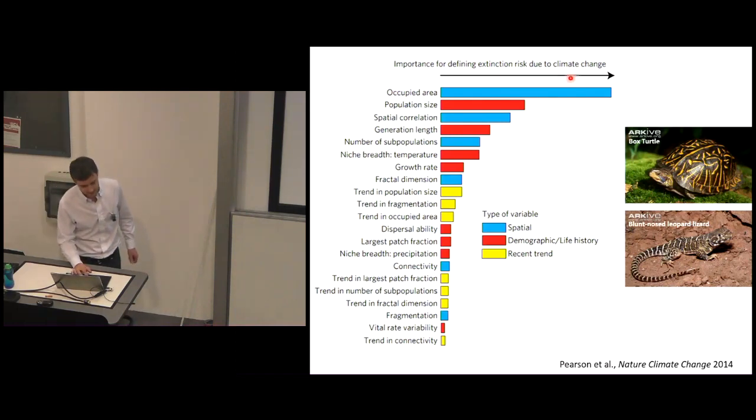The things that come out are what you'd expect: population size, occupied area, generation length, number of subpopulations and the like.